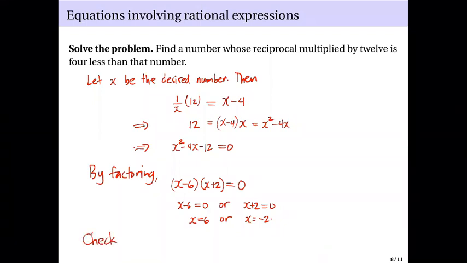Check that these values, meaning x equals 6 and x equals negative 2, satisfy the condition.